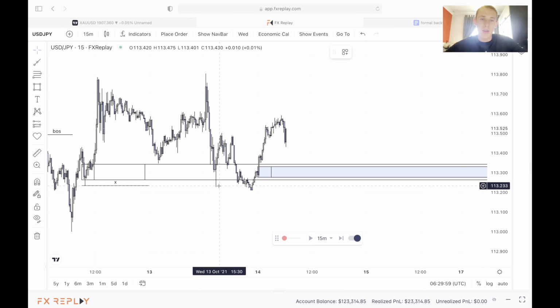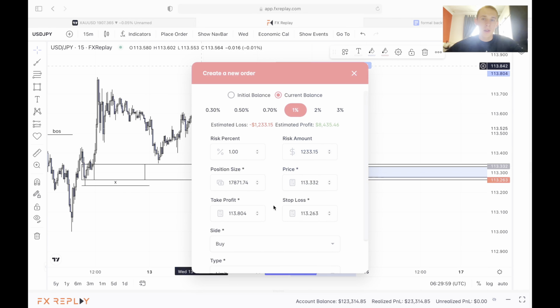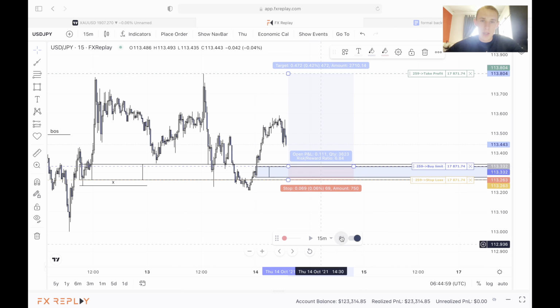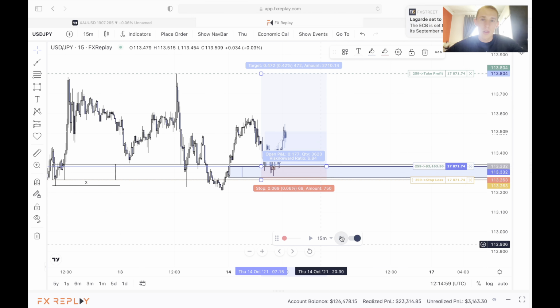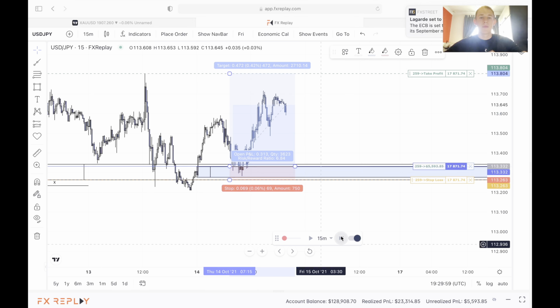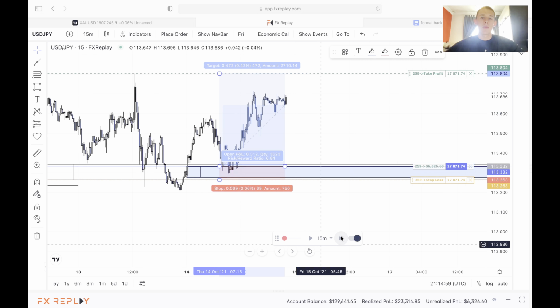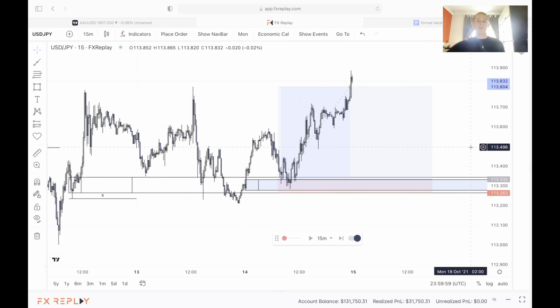We've had this wick swept. We've then had the change of character again, and we've left this discounted area of demand where we can look to get in the trade, target the high once again. And if we place that order, see if it tags us in. There we go. Let's see. Take profit hit on that. 6.84%.